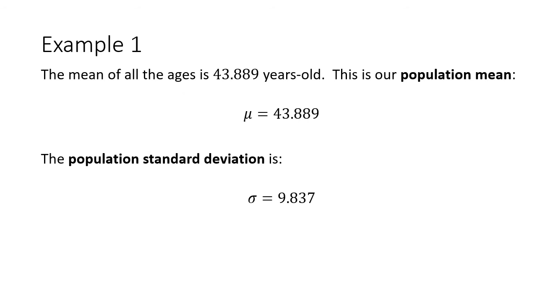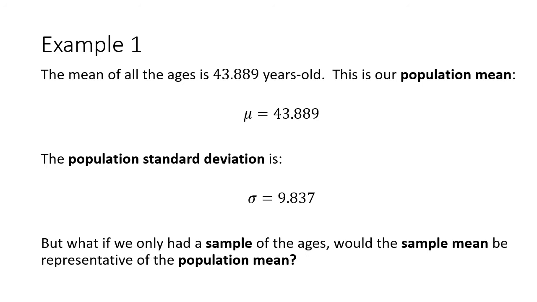If I do my statistical analysis, I can easily use technology, and I know that the average age is 43.889 years old. So that's our population mean, 43.889. And I can find that the population standard deviation is 9.837. Again, I just use technology for this.